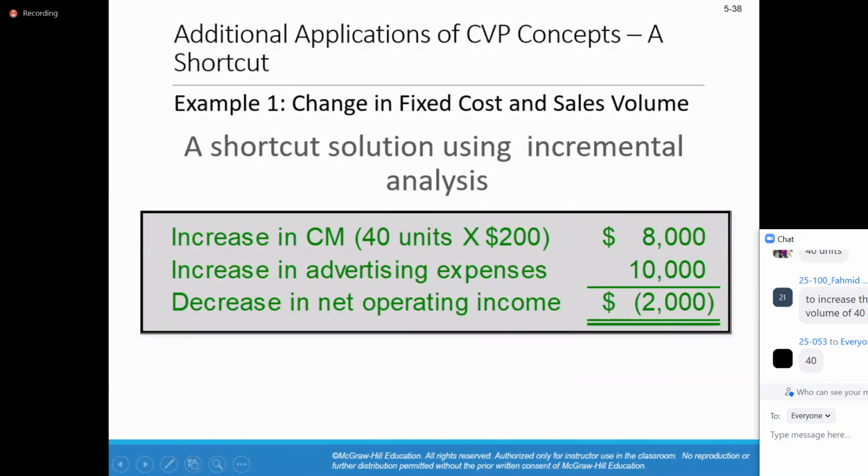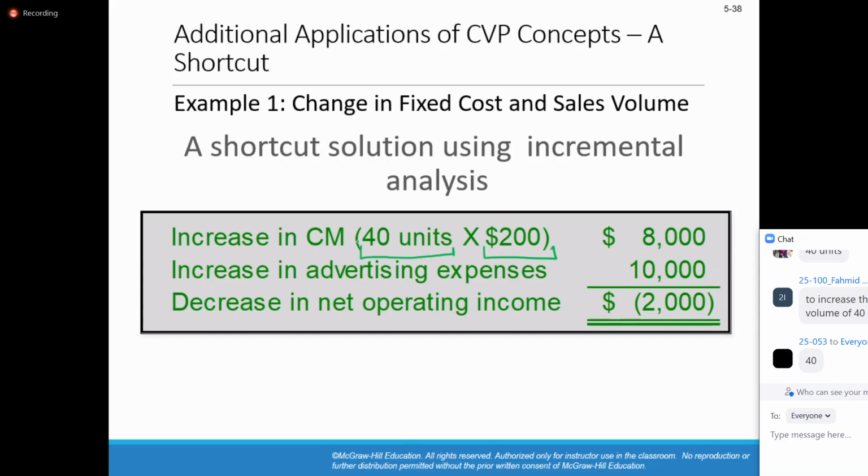Okay, now we are thinking of another case. If we look at the incremental part, which we would say is a shortcut solution, we know that contribution margin remains constant at $200 per unit. We just have changed our sales unit from 500 to 540. So this should be the increase of contribution margin, as it is a positive number.